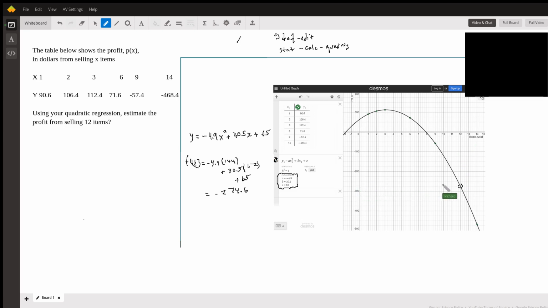So it's around 275, and it comes out pretty close when you plug in the numbers. So that's all you need to do. Very straightforward. You just have to be pretty skilled at using your graphing calculator or Desmos or some other calculator that you can use to answer the question.